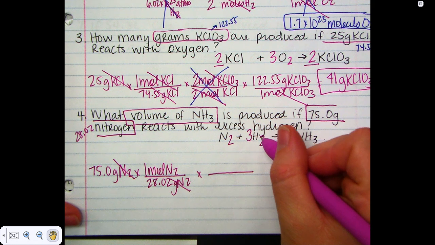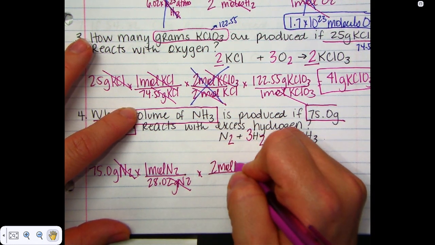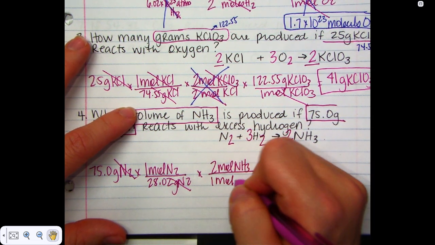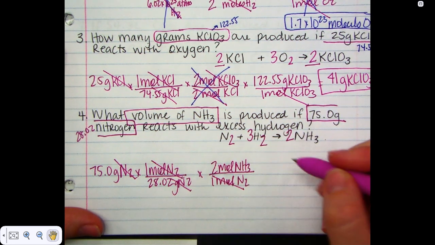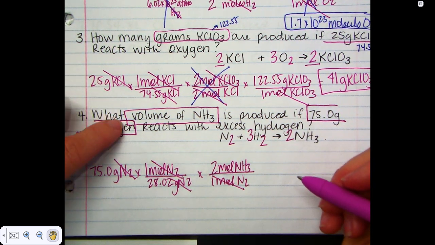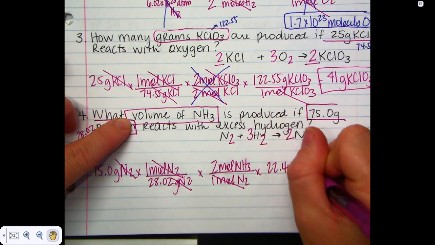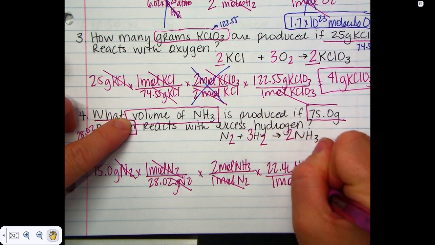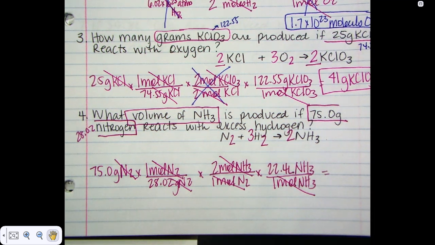So I'm going to NH3, so 2 moles NH3 on top over 1 mole N2 on the bottom. That gets me out of moles of N2 and into moles of NH3. And then it wants me to go to volume. So times 22.4 liters NH3 over 1 mole NH3. Moles are going to cancel. It's going to leave me in liters. Nothing here I can cancel out, so I'm going to have to use all of it.